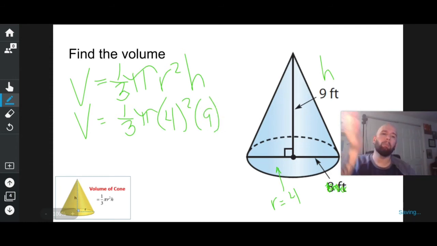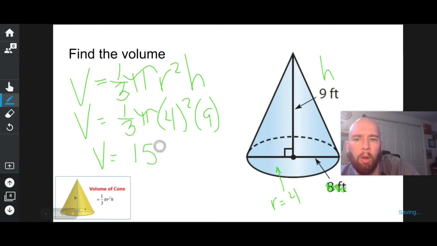Again, ugly math. Let's consult our dear computer friend. What is 1/3 times pi times 4 squared times 9? The answer is approximately 150.796. So 150.79 is going to be 150.8.